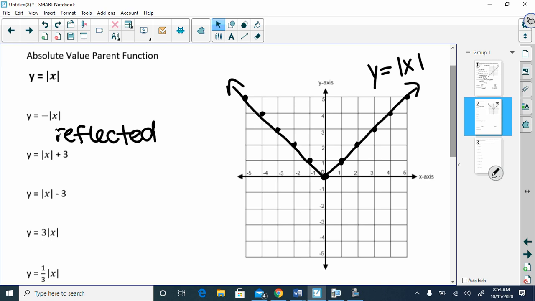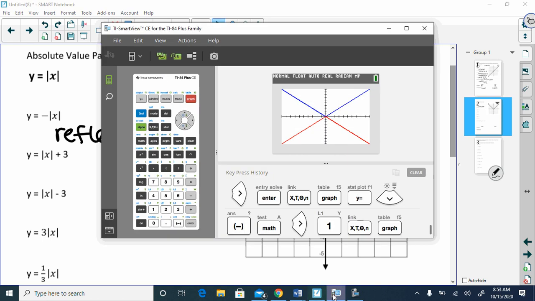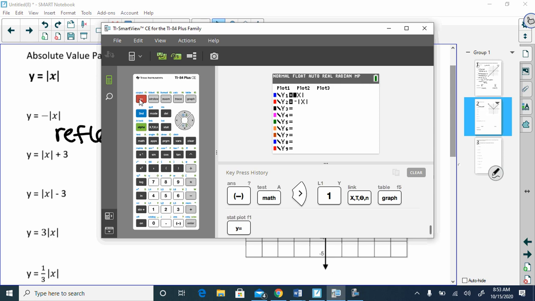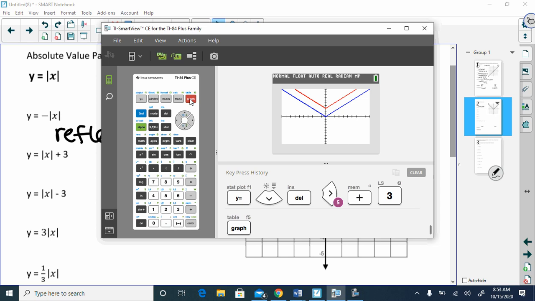Okay? Alright, my next graph is the absolute value of x plus 3. So that's normally my k, right? Or my y value. Y tells us up and down. So that should be a hint for us on what that's going to do to our graph. But you can always check it in your calculator. So the only difference between those two is that what happened.